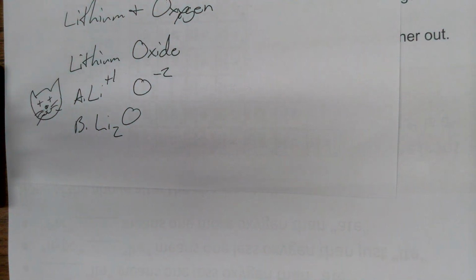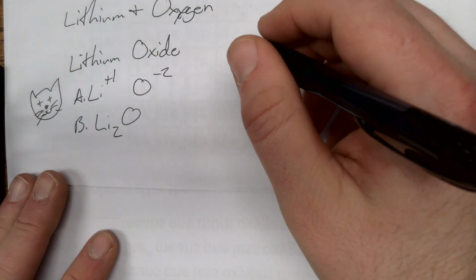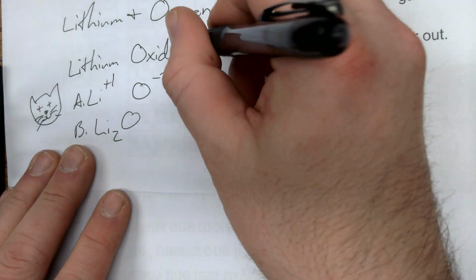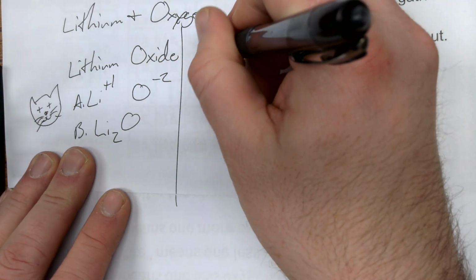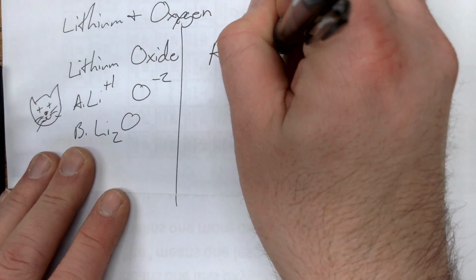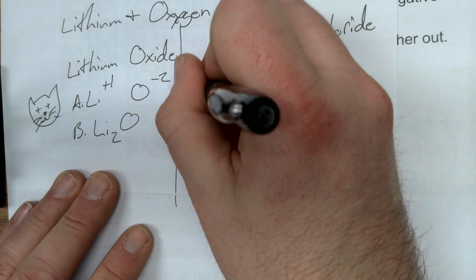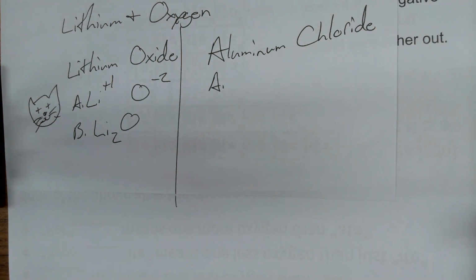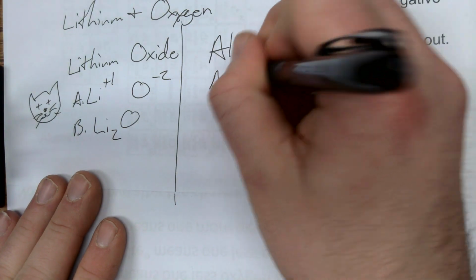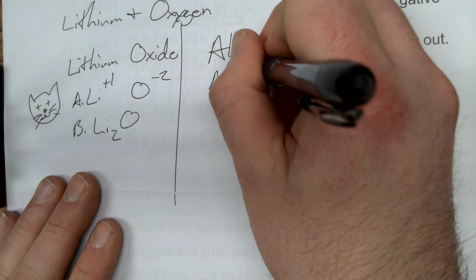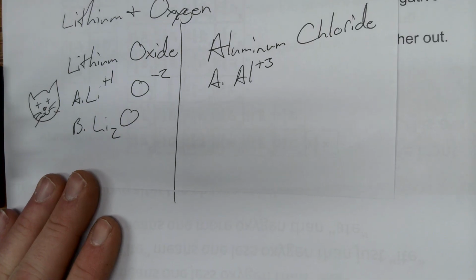Let's take a look at the other example, aluminum chloride. What's my cation going to be? Give me the symbol and the charge of the cation here. What's the symbol for aluminum? Al. What's the charge of aluminum? +3. All right.